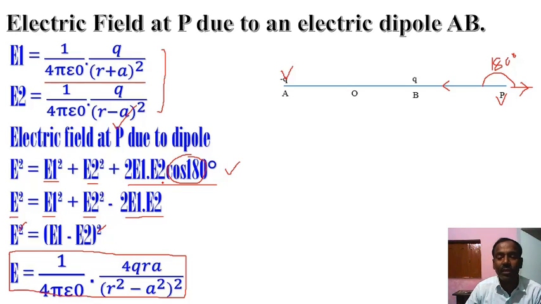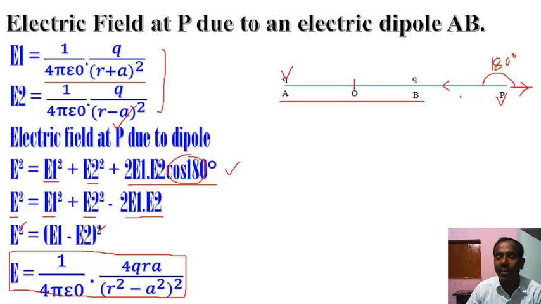Before ending the class, once again I recap the topic. AB is an electric dipole. A has minus Q charge, B has plus Q charge, O is the midpoint, P is a point at which we find the expression of electric field due to the dipole. P is located at a distance r from the midpoint of the dipole.